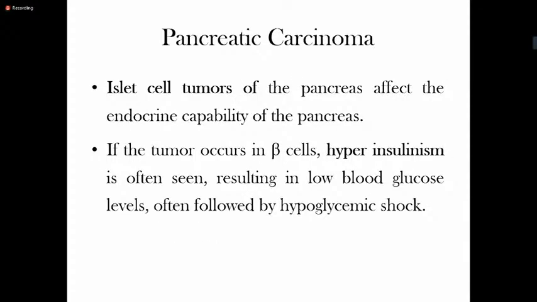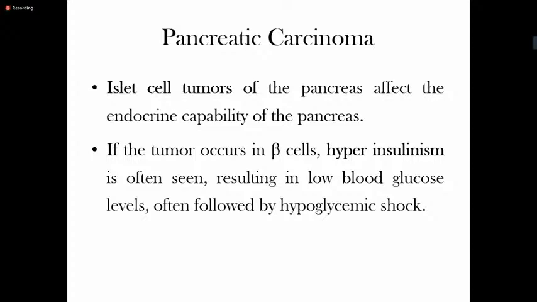Tumors of the islet cells of the pancreas affect the endocrine areas, okay? If the tumor occurs in the beta cells, we have hyperinsulinism, often resulting in low blood glucose and often followed by hypoglycemic shock.